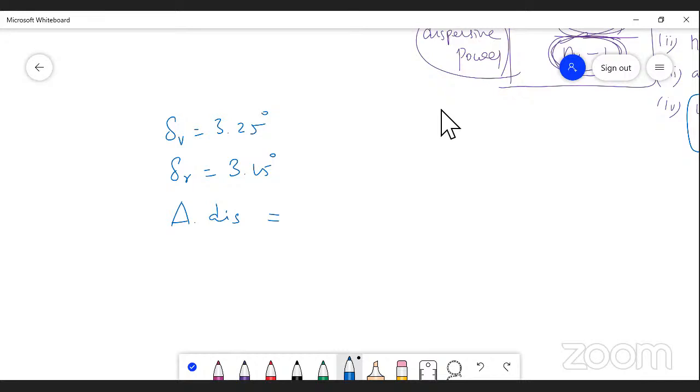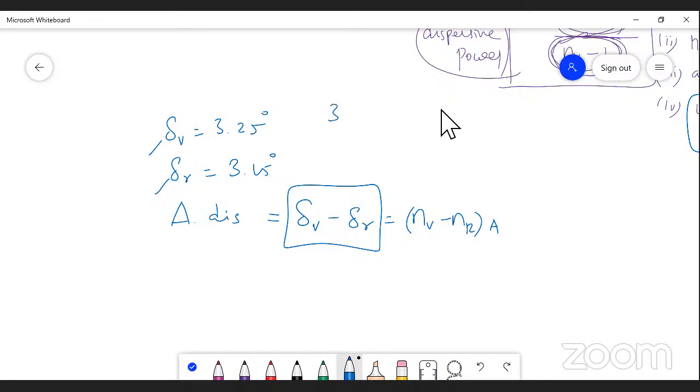Del V minus del R equal to NV minus NR into A. But you have the del V minus del R values. What is the answer? 3.25 minus 3.15, which is equal to 0.10 degree.